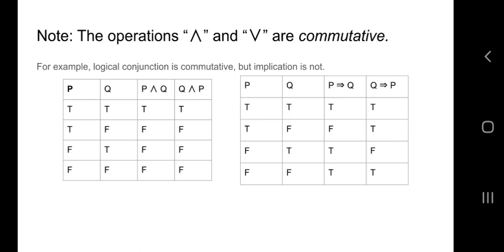Now notice that the last two columns, the column for P implies Q and the column for Q implies P, are not the same. They're different, right? So that goes to show that those are not equivalent formulas. In other words, if we know that P implies Q is true, if we know that whenever P is true, then Q is true, we can't automatically assume that Q implies P, and vice versa.